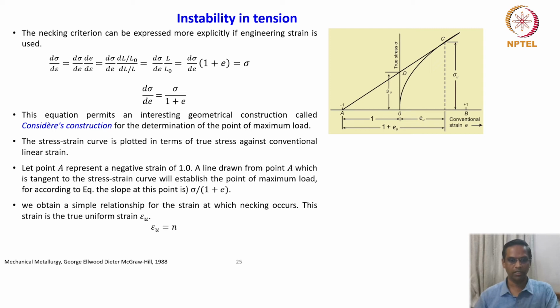That expression we have seen. So if you recall that expression and then compare these two expressions, then you can relate this: epsilon u is equal to n. That means the uniform strain up to the maximum load is equal to n.